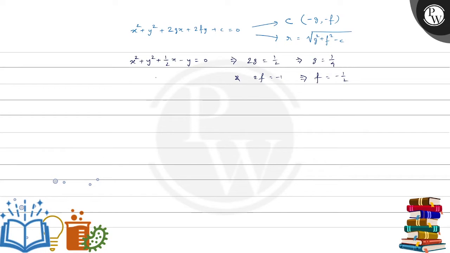Also, यहाँ से radius turns out to be root over (g squared, which is 1/16, plus f squared, which is 1/4, minus c), और यहाँ पे c कुछ है नहीं, मतलब constant term is 0, so simply यहाँ पे 0 बैठा देंगे, which is equal to root over (1/16 plus 4/16), which is nothing but root 5 divided by 4.